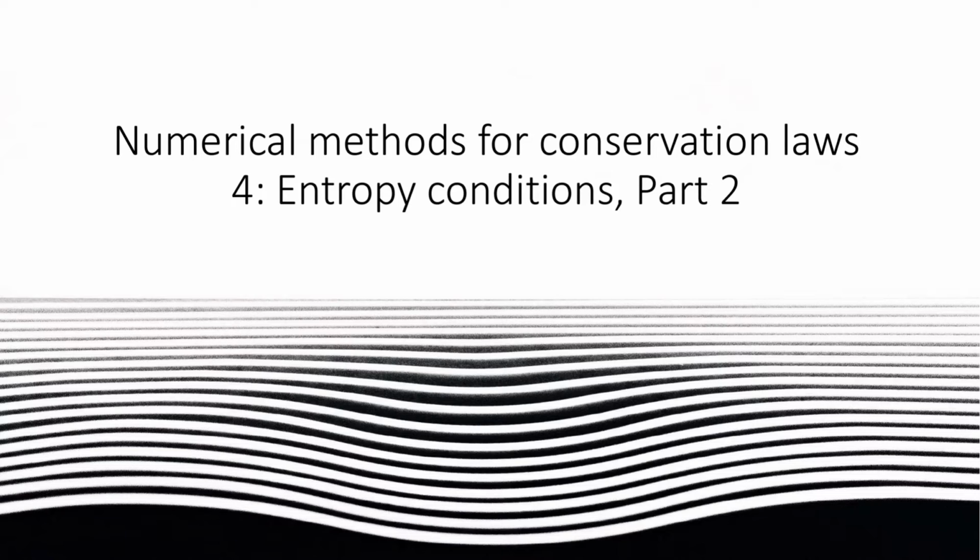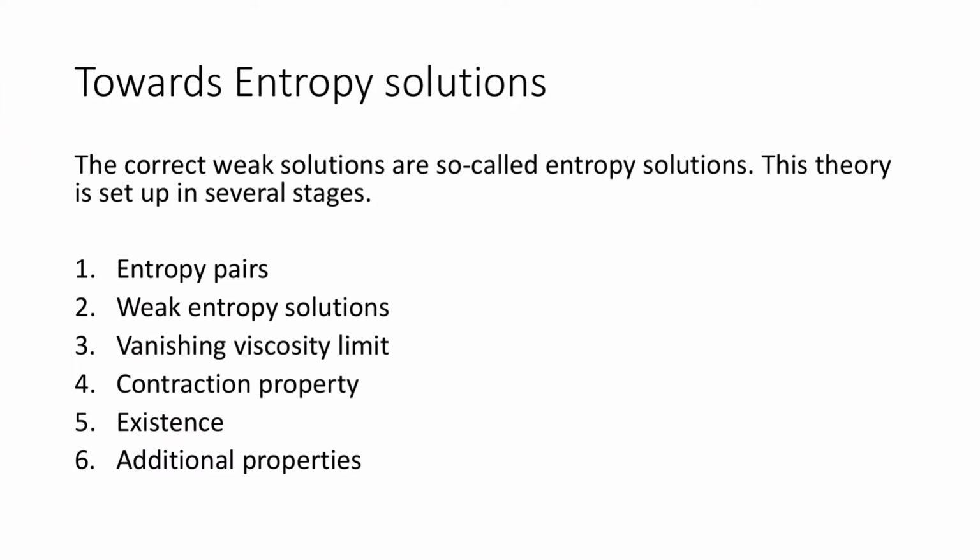In the second part of this lecture, we will develop the notion of entropy solution. In particular, the correct weak solutions are so-called entropy solutions. That theory is set up now in several stages. First, we introduce entropy pairs. Then we introduce the notion of weak entropy solution using the notion of entropy pair.